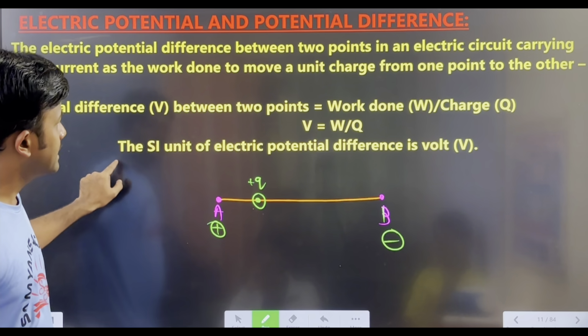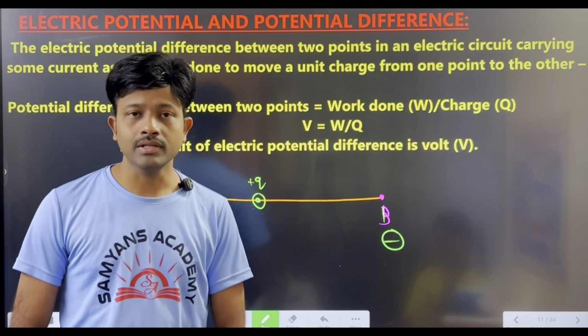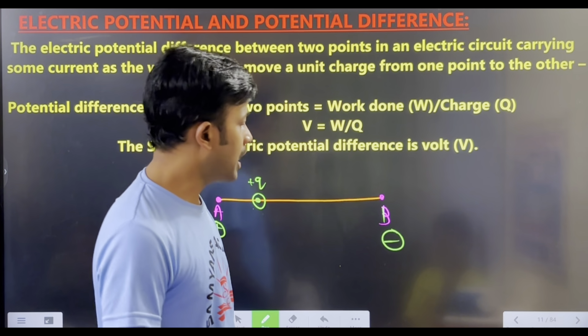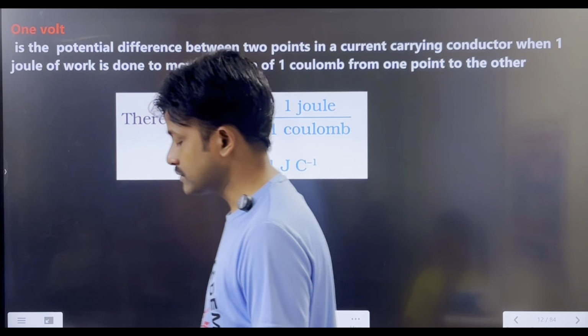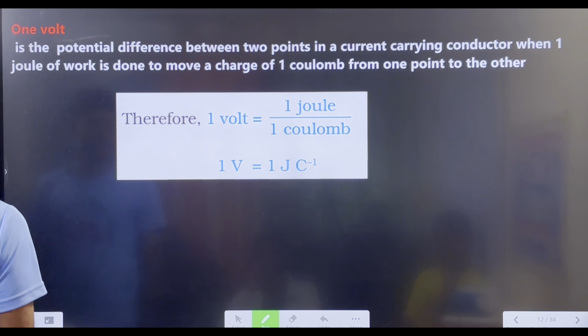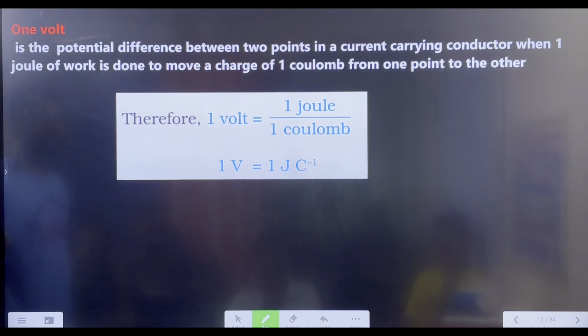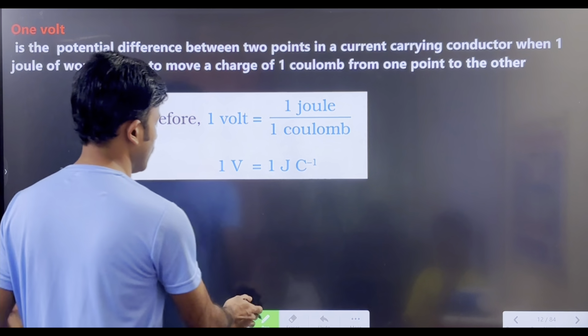The SI unit of electric potential difference is volt. Then how can we define 1 volt? 1 volt is the potential difference between 2 points in a current carrying conductor when 1 joule of work is done to move a charge of 1 coulomb from one point to another. How do you define 1 volt here?